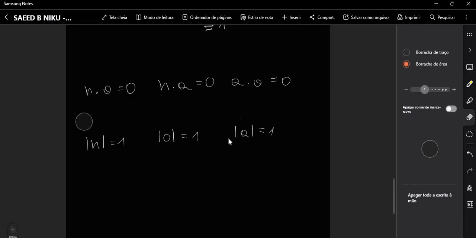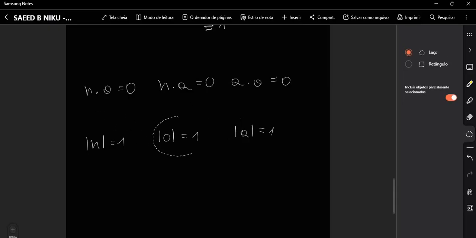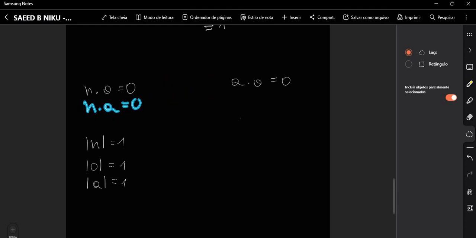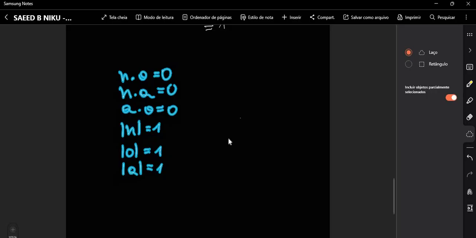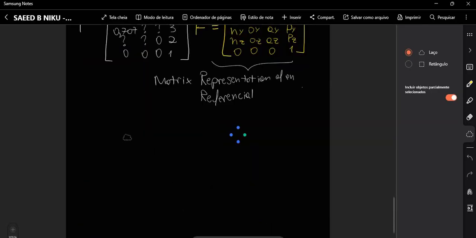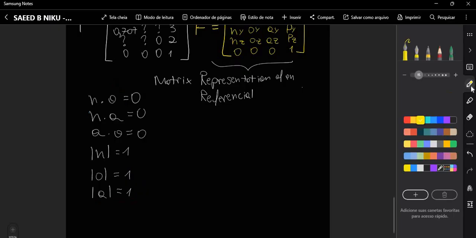Okay, so let me rearrange. I'm going to copy this and paste right here: 6 equations of restriction for the rigid body analysis.